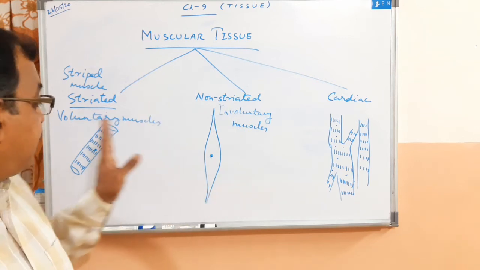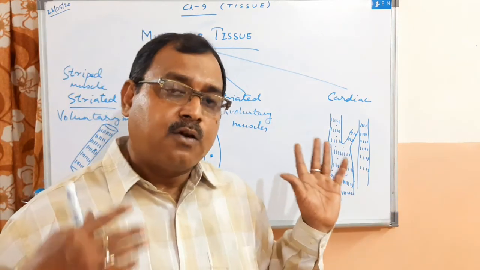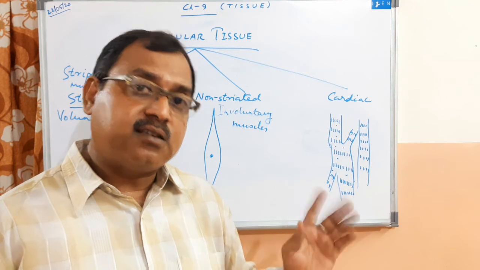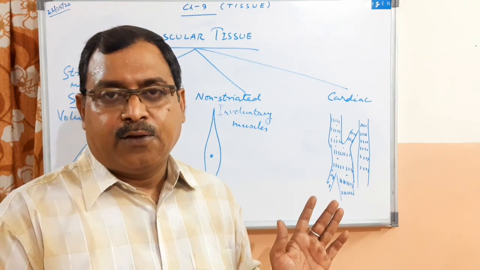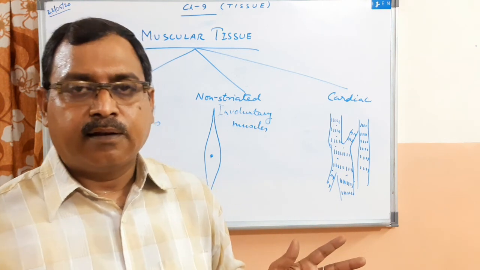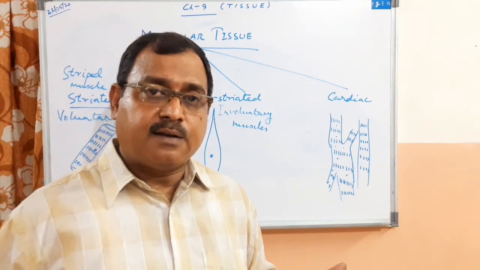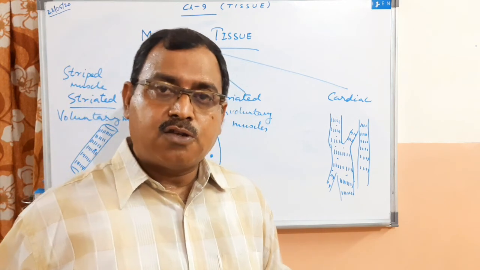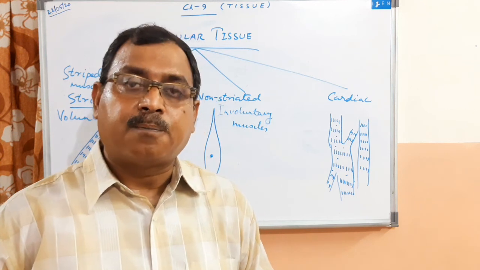And you must draw these diagrams. Whatever diagrams I am drawing on the board are important. That is why I am drawing them on the board. You will find them in your book, or in Foundation Biology. So please draw these diagrams in your biology copy.